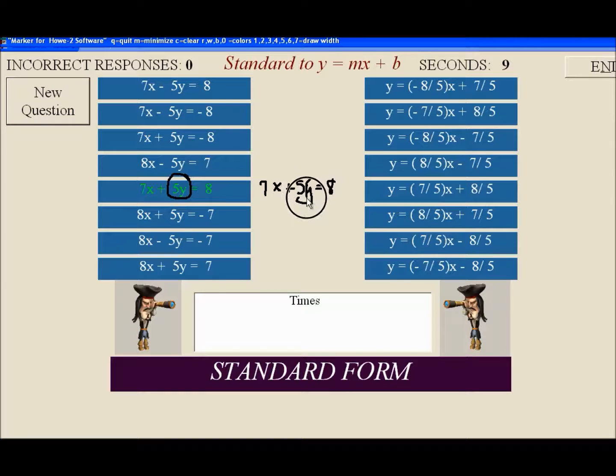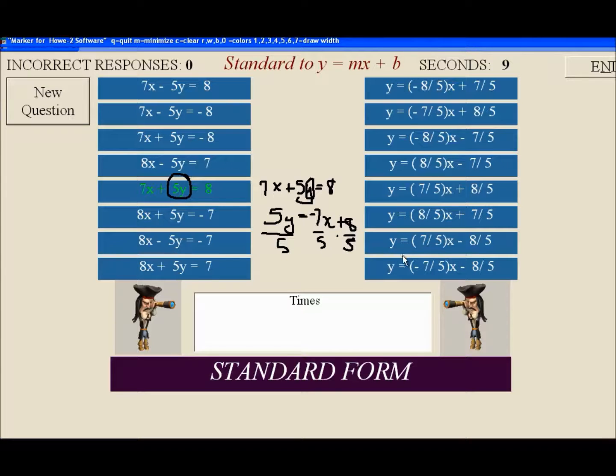We want to get the y by itself to get y equals mx plus b, so 5y equals negative 7x plus 8, and then we'll divide everything by 5. So it looks like we have minus 7/5 for our slope and plus 8/5 for the y-intercept.